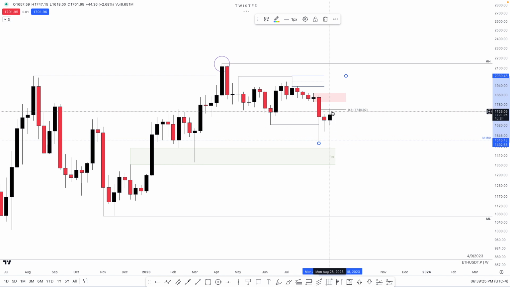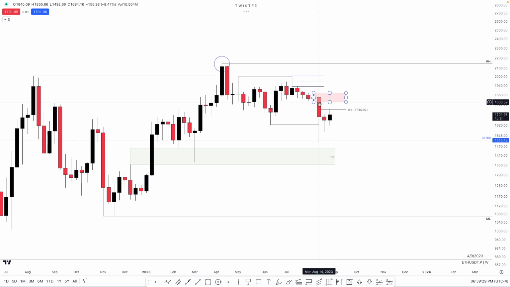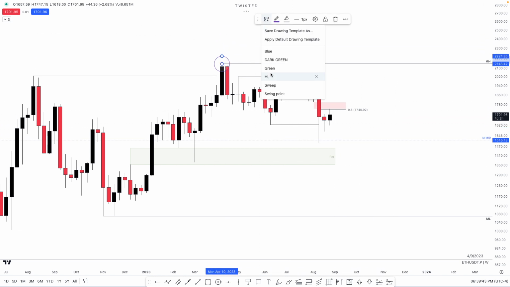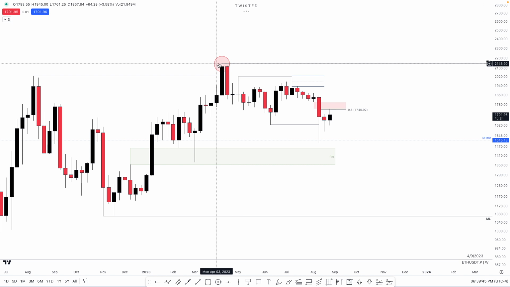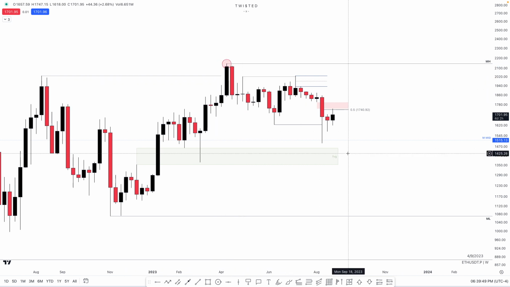We do not have a bearish candle, so we may see some more push to the upside, and we can also mark out this inefficiency, and we can refine it to the wick high. So that works in confluence with the 50% zone on the weekly. So this is what we have. Perfect. So that's what we have on Ethereum on the weekly time frame.